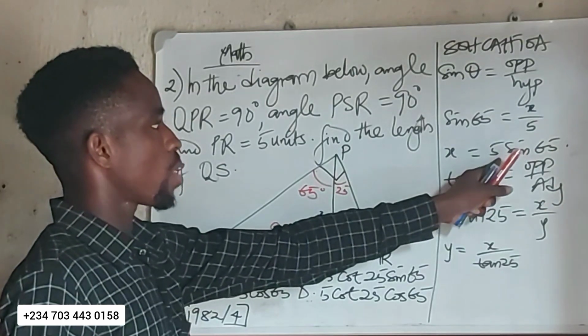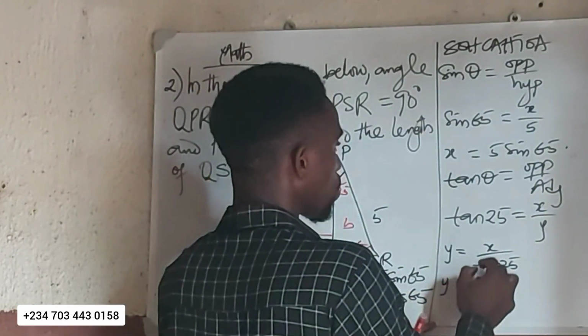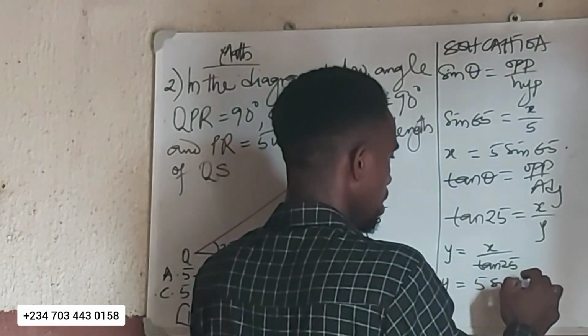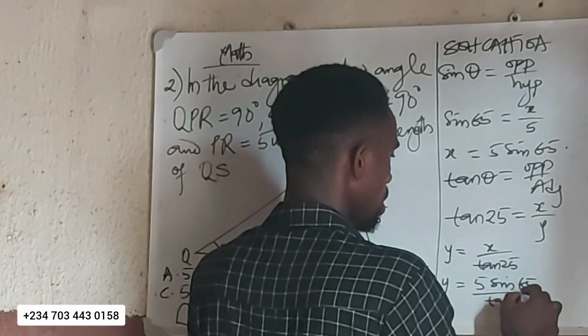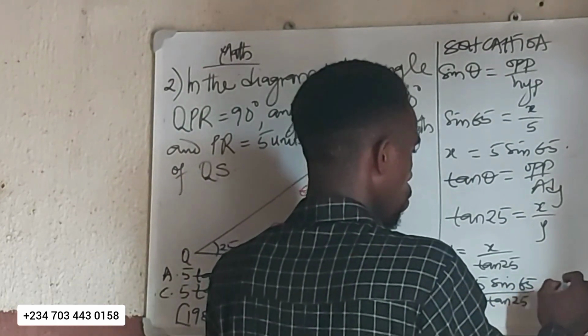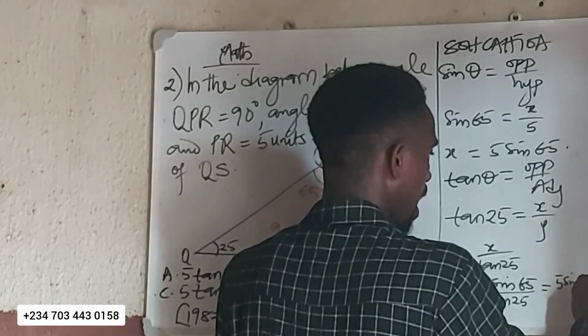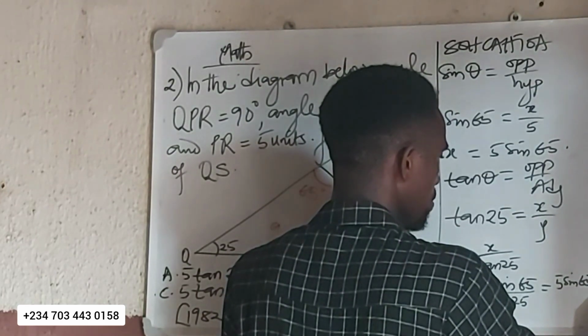X is 5 sine 65. So we have that y is equal to x, which is 5 sine 65, all upon tan 25, which is 5 sine 65 times 1 upon tan 25.